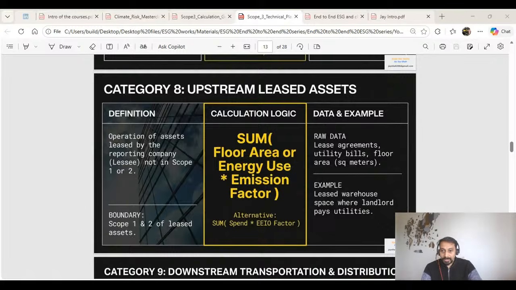So let's say I have purchased one capital good, like a reactor for my plant, whose life is 25-year operational life. Then will GHG emissions be reported every year or one time?